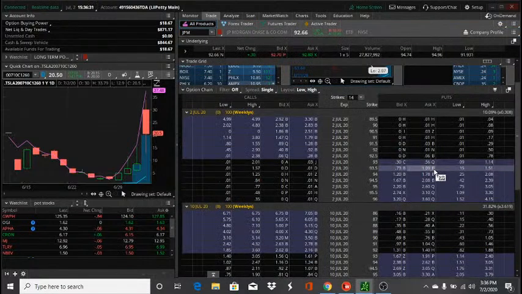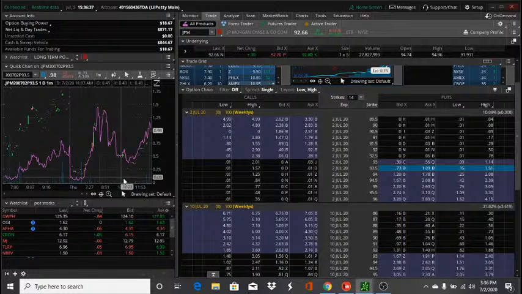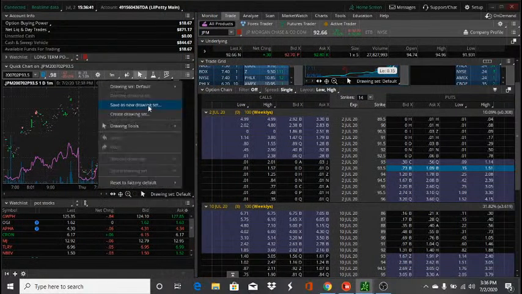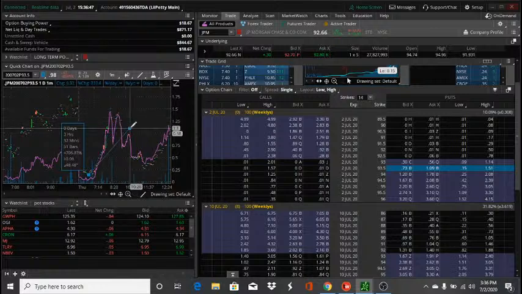Yep, the 93.5 did 1,000% today, dude. Look at this. Damn, these puts went crazy. So from 15 cents up to $15, or 1.5 thousand percent.